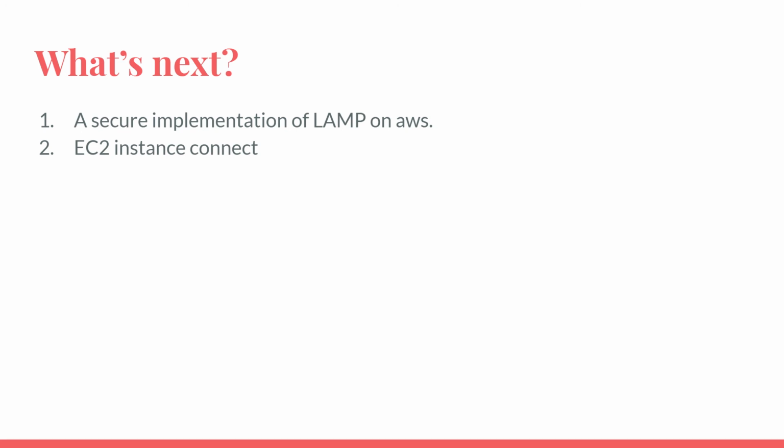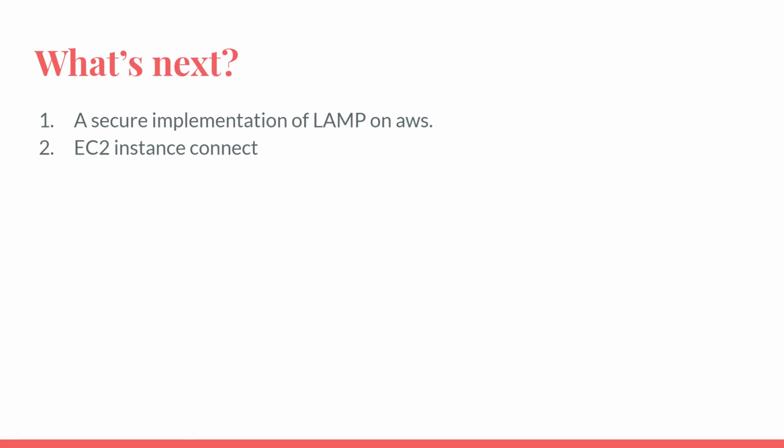LAMP is a web server stack named as an acronym for the names of its original four open source components: the Linux operating system, the Apache HTTP server, the MySQL relational database management system, and the PHP programming language.